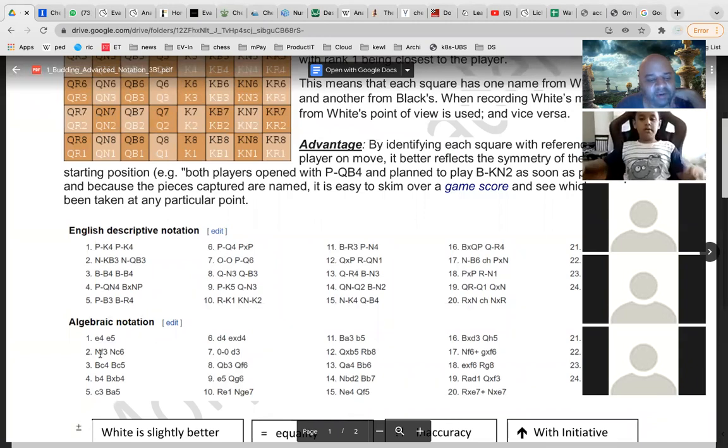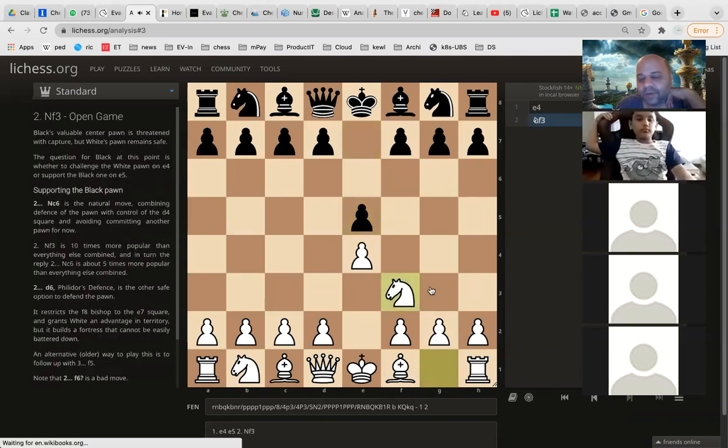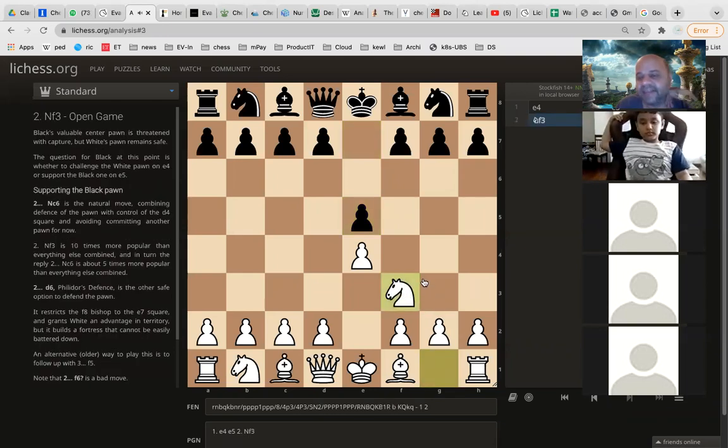Now, knight to F3. Let us come back here and see. The knight is coming to F3 here. How will we write it? We will write it as N dash. What is this square name? See, this is B3. N, K, B3. Correct. N dash KB3. KB means king bishop.